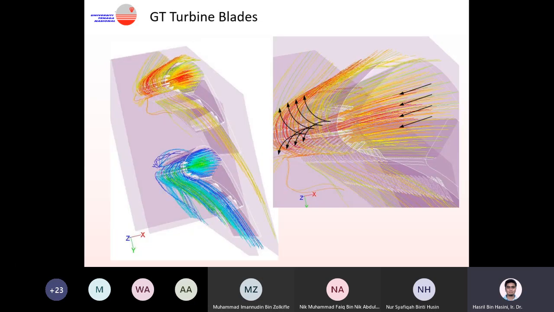This is the CFD simulation that I did, to illustrate the blade and the nozzle. The nozzle exits to the blade through the leading edge. This is the shape of the blade. All right, and then you have cooling hole inside. It exits through the front.